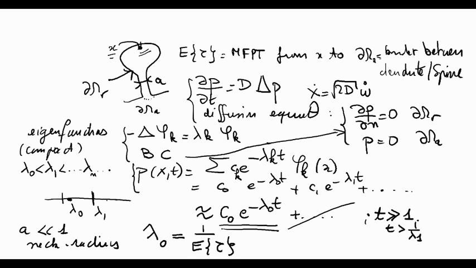Thus, we just need to calculate this mean first passage time, MFPT. This is the goal of today, to calculate this time. All right, so let's now formulate the question about this time and how to calculate it. So again, we start with the dendritic spine of size L.